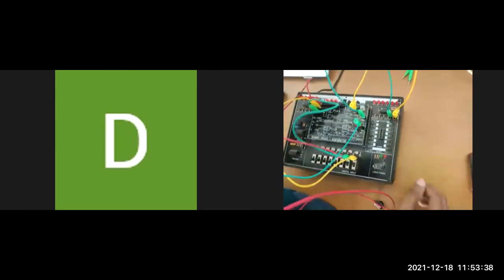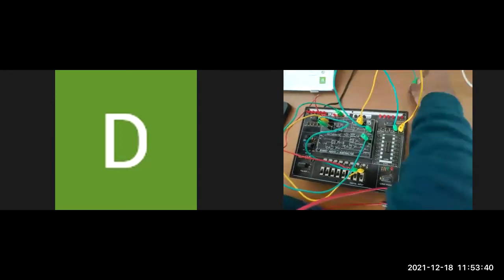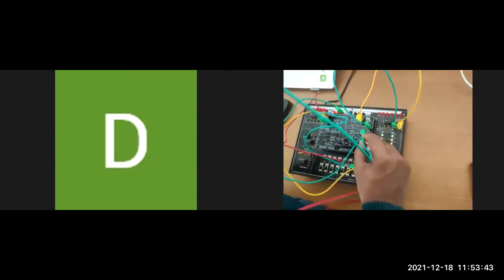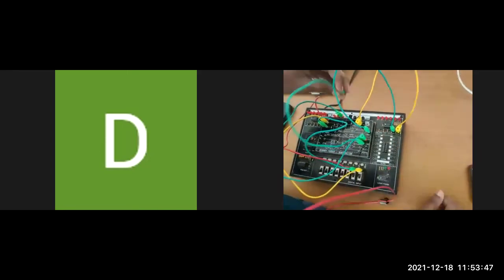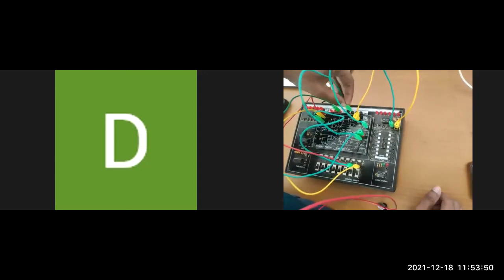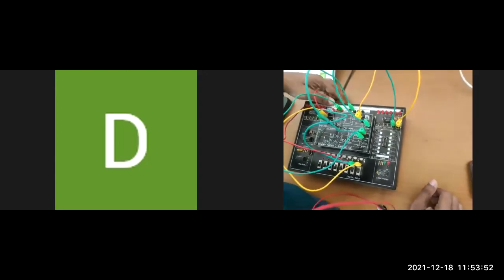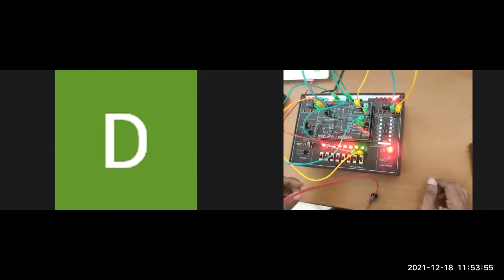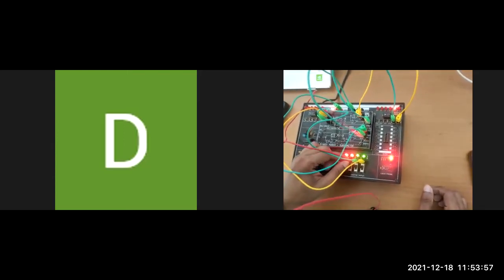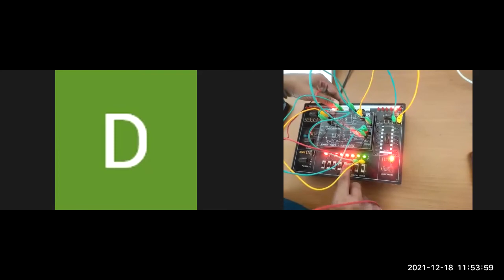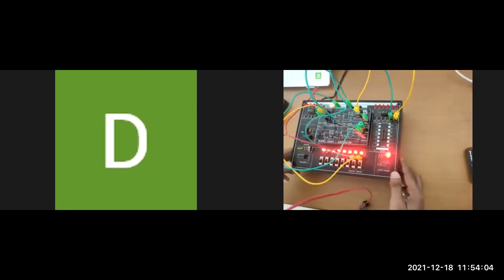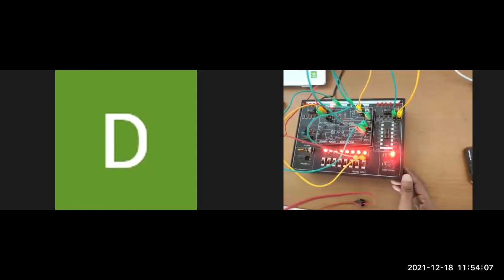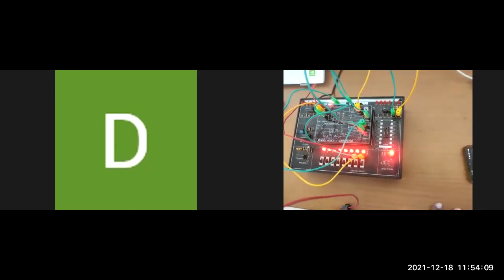Here the VCC is connected with 5 volt and the ground is connected with this particular ground. So here you can see at this moment we have constructed the full adder connection.